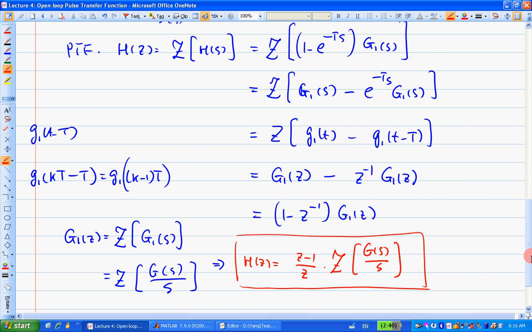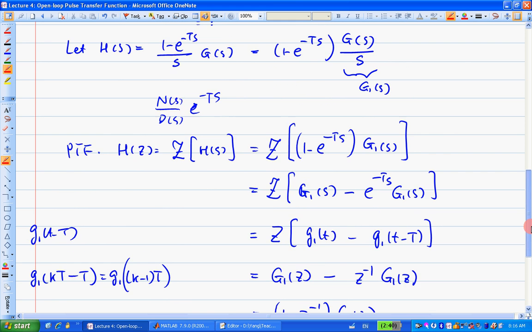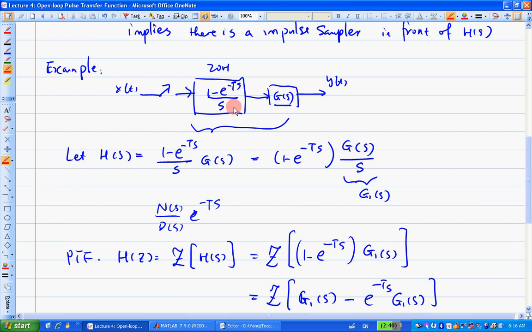What I need you to remember out of this simple example is that because we're dealing with a digital control system, many times the first step is to discretize your plant.